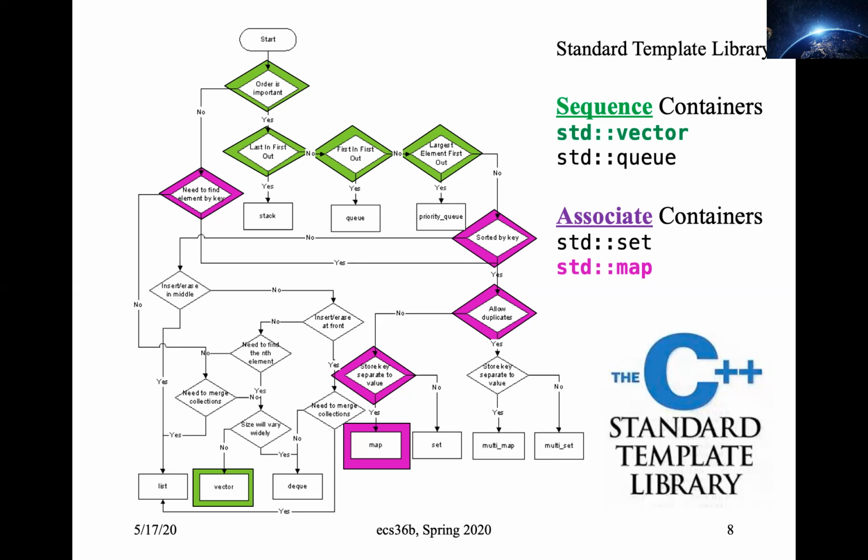For example, if you type the keyword UC Davis, or ecs36b, into a search engine, you actually find there are so many entries associated with one particular keyword. And that's exactly what map is trying to provide.